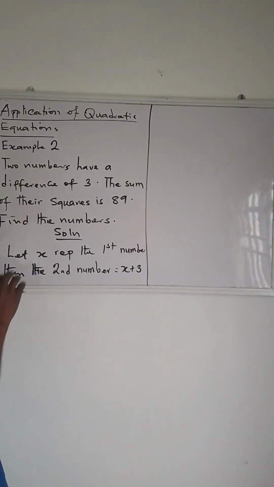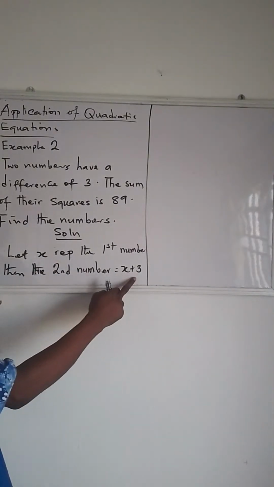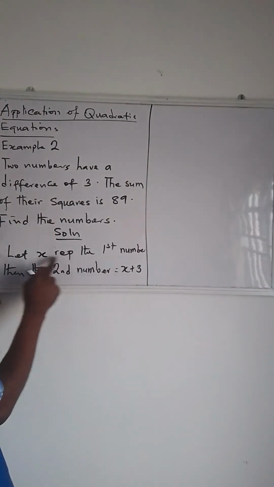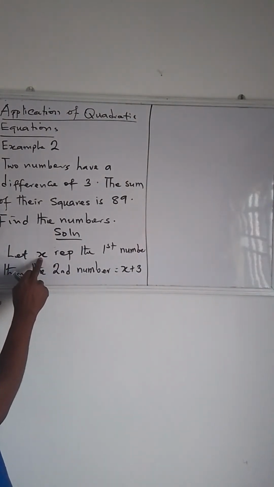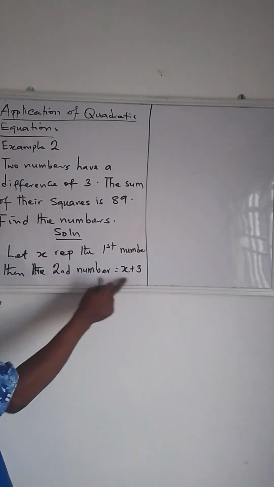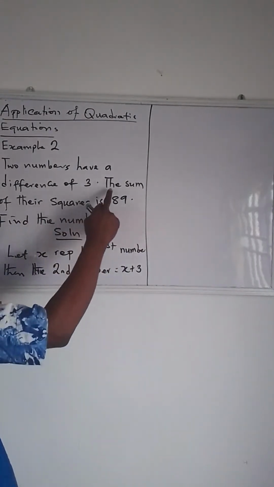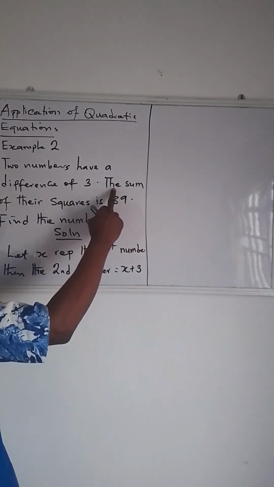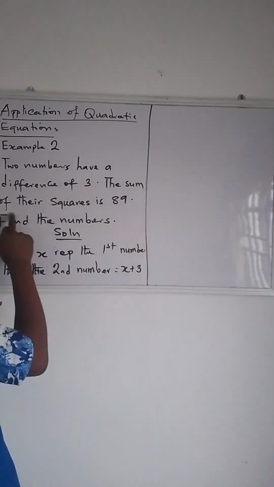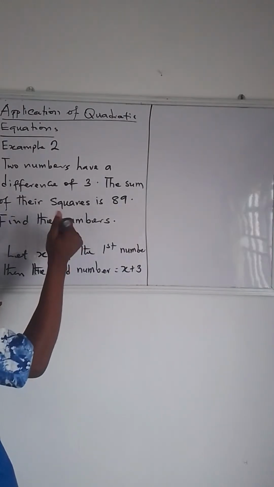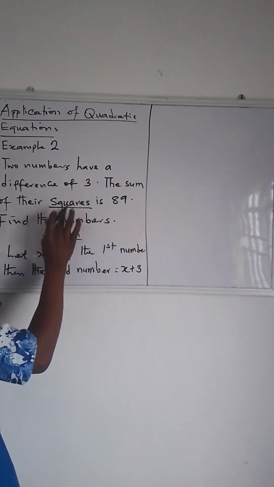Hope you get that. If this is the first number, the second number is going to be x plus 3, because this differs from this by 3. Now look at what the question says: the sum of their squares. You can see the word is plural, squares.